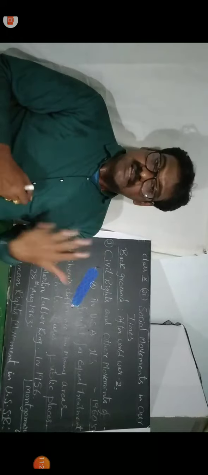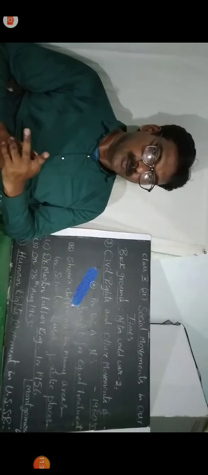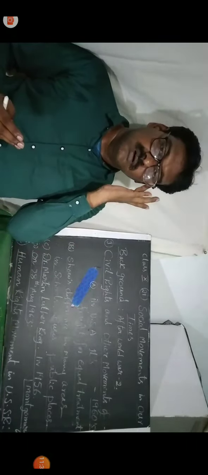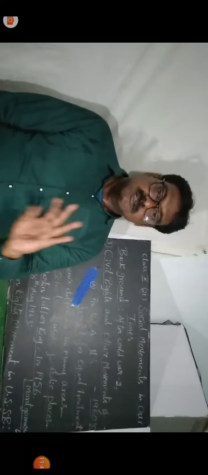So they started to make new organizations for their justice as well as against the white government. They chose their own way, and along with that they extended their support to the black people. So many social movements were held, and they demanded equal justice.